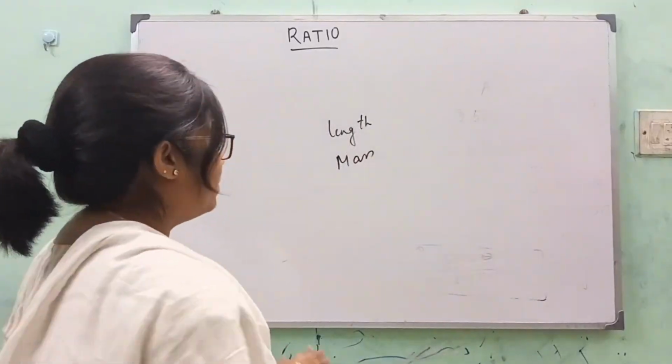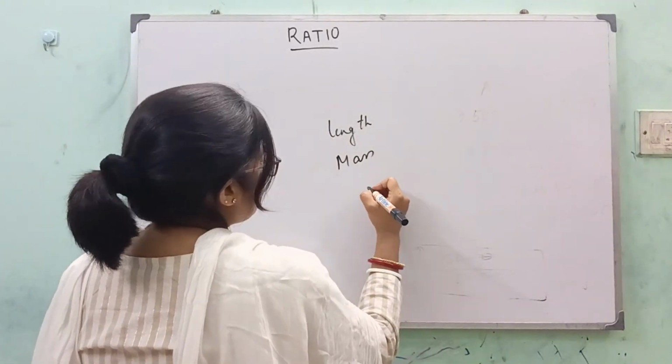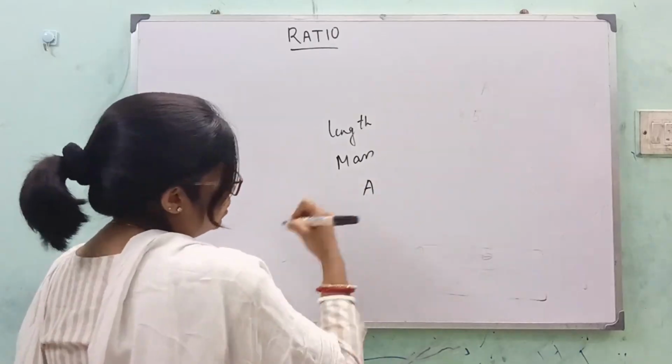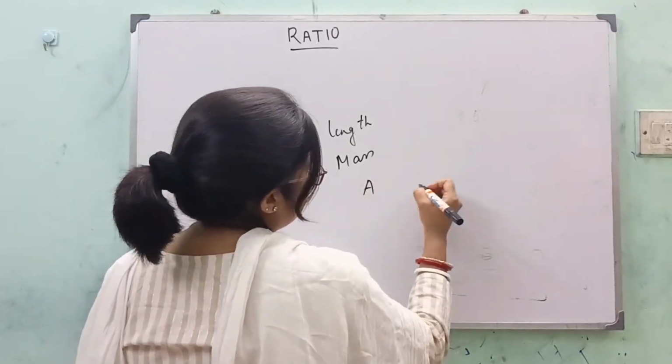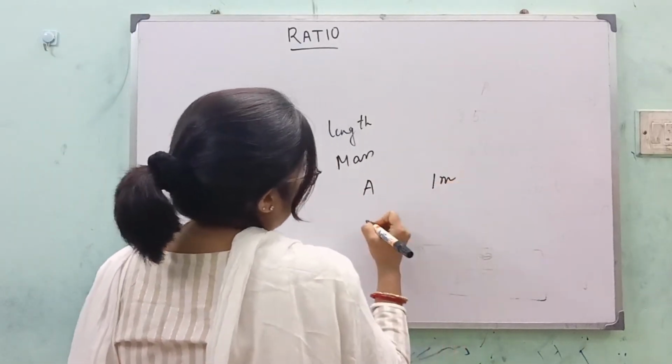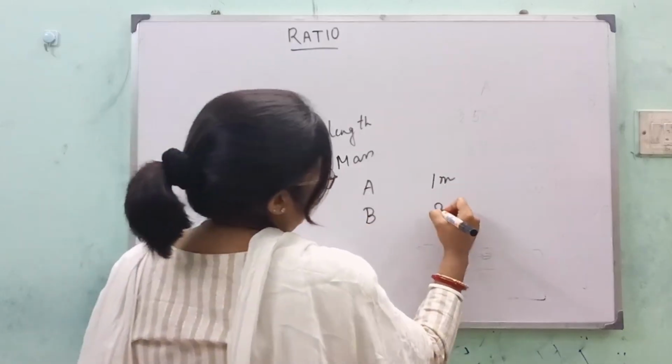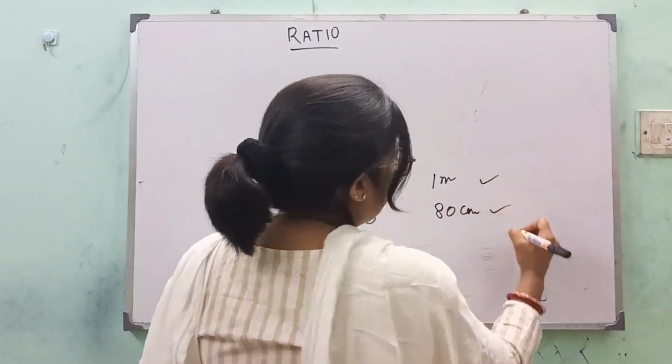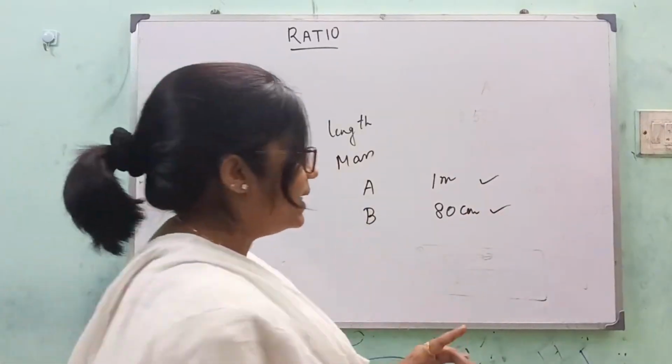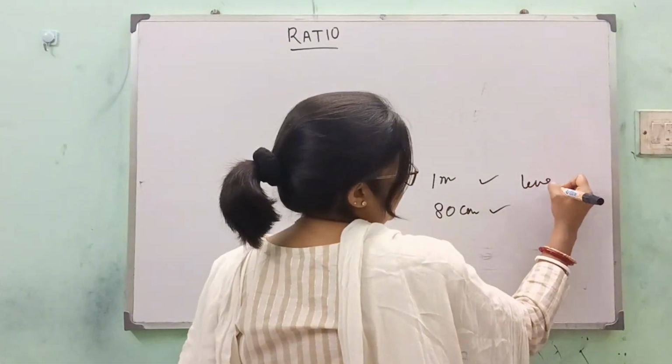Not necessarily. Suppose the length of a particular rod A is say 1 meter and the length of another rod B is say 80 centimeter. Both of them belong to the same category, that is length.